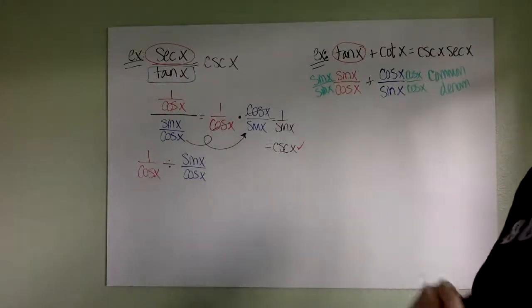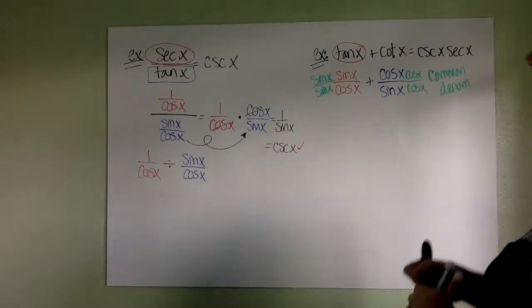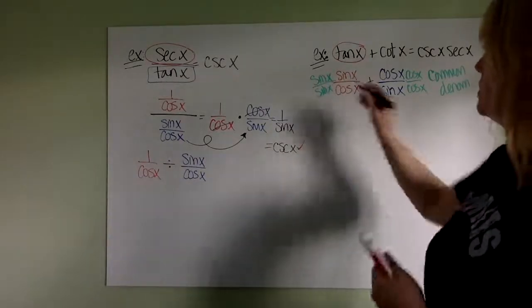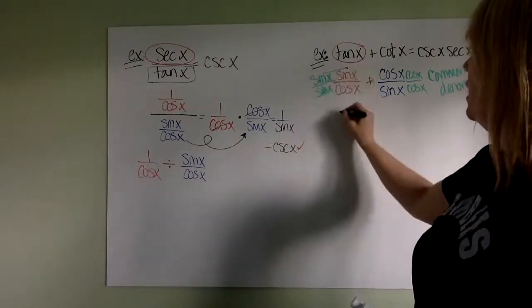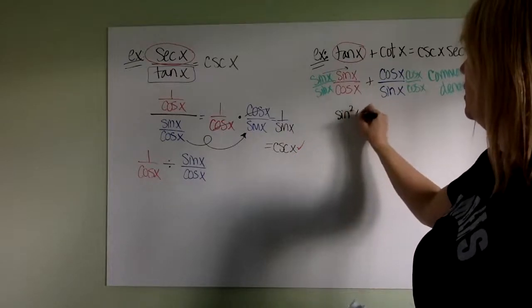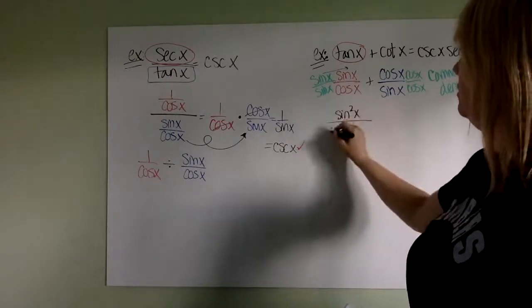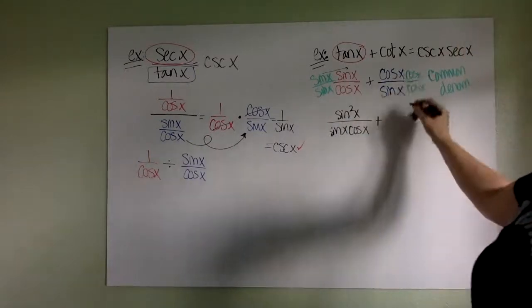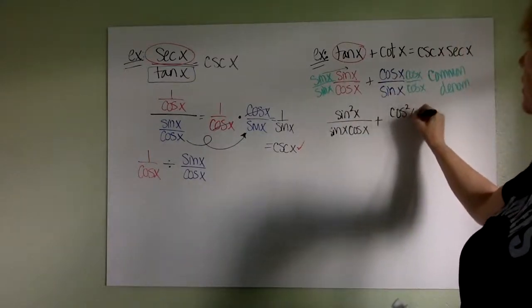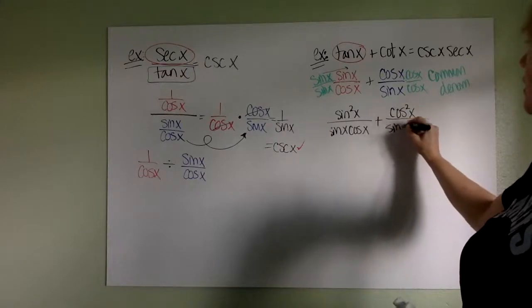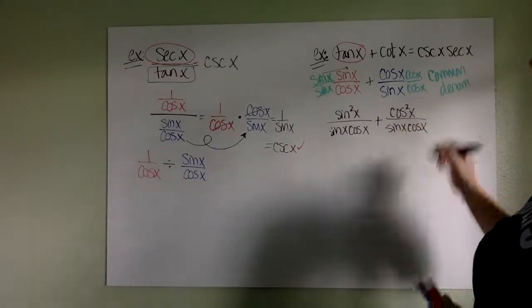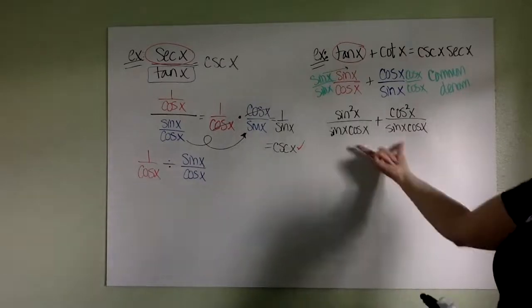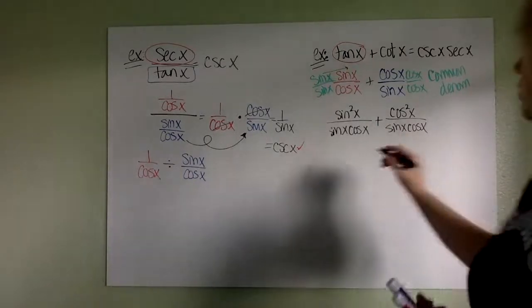And remember with fractions, when you multiply two fractions together, straight across and straight across. So when I multiply these two together, I get sine squared over sine cosine. Then here I get cosine squared over sine cosine. Now that I have a common denominator, I'm going to put them together in one fraction.